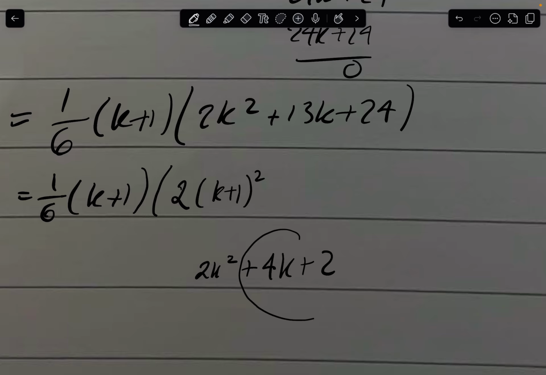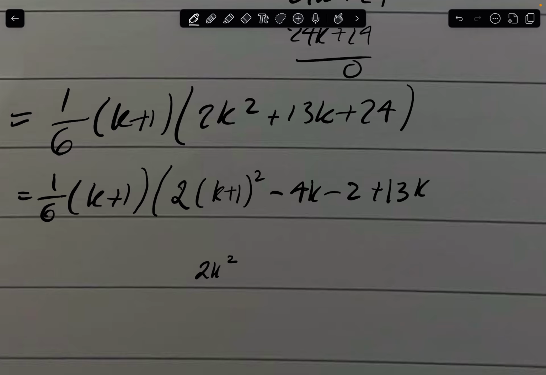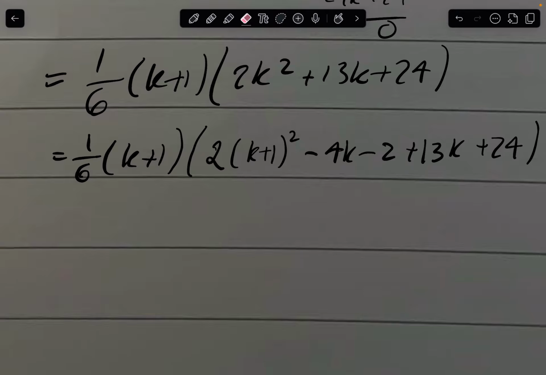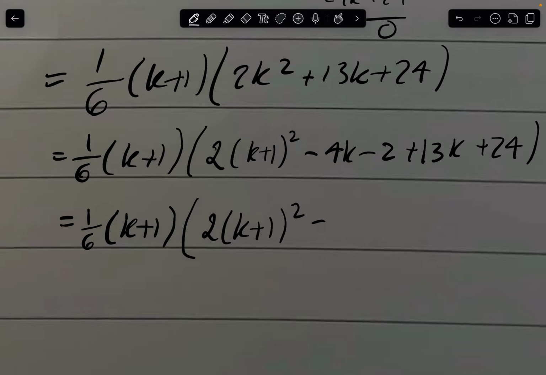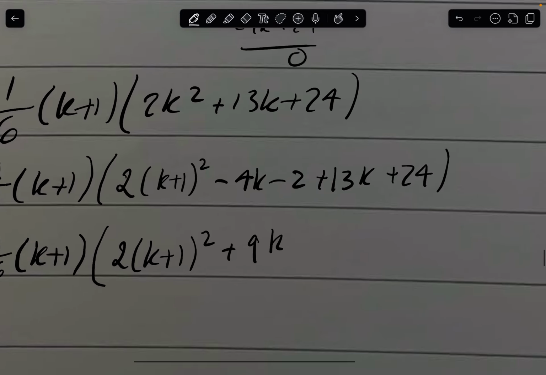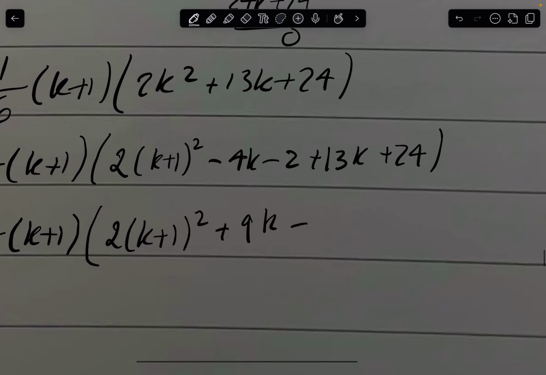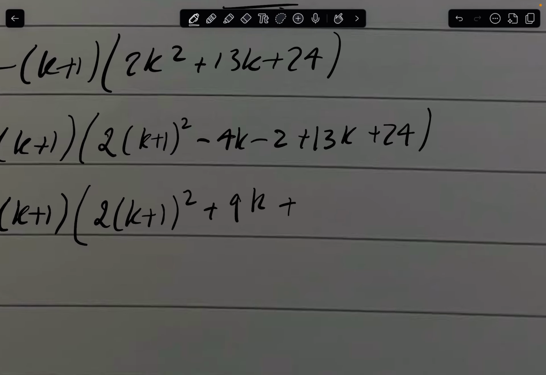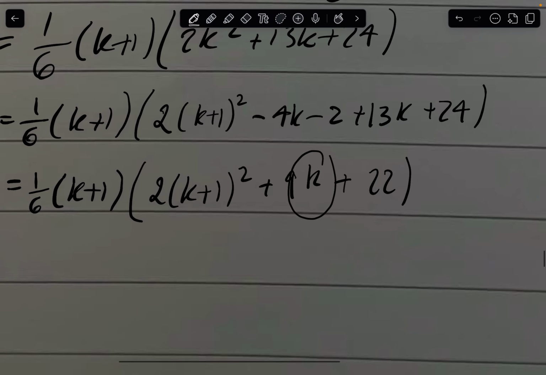So I've just got a minus 4k minus 2. And then plus 13k plus 24, which is equal to 2k plus 1 squared, and then plus 9k, and then plus 22.